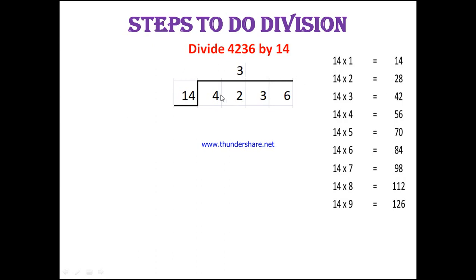That product is written under 42, because 3 times 14, or 14 threes, are 42. Now let's subtract. 2 minus 2 is 0, 4 minus 4 is 0. So we receive the remainder 0. When we divide 42 by 14, it is 3 times and no remainder.